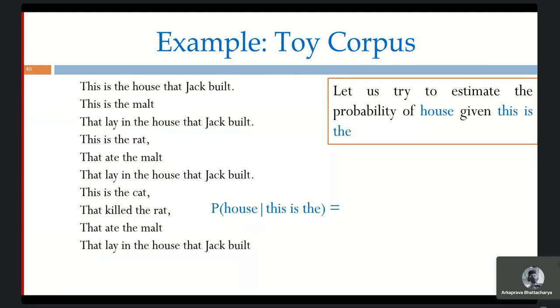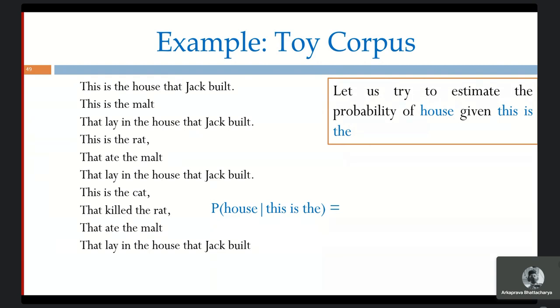So now you can tell me what is the probability of "house" given "this is the"? I'm trying to predict that the sentence "this is the" is being followed by "house".